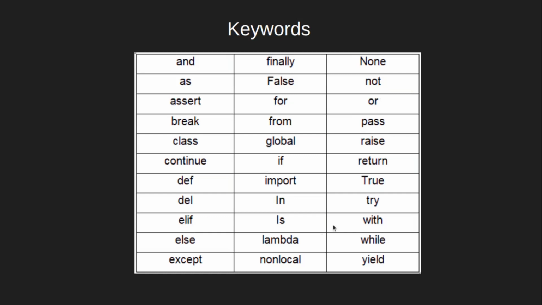So, these keywords cannot be used as a variable. So, I can't have a variable or an identifier which is called for, because for is used for looping purpose. So, I can't use this as an identifier. These are all not allowed to be used as identifiers because they are meant to be having special purposes in it. All right. So other than this, any other string can be used as an identifier.